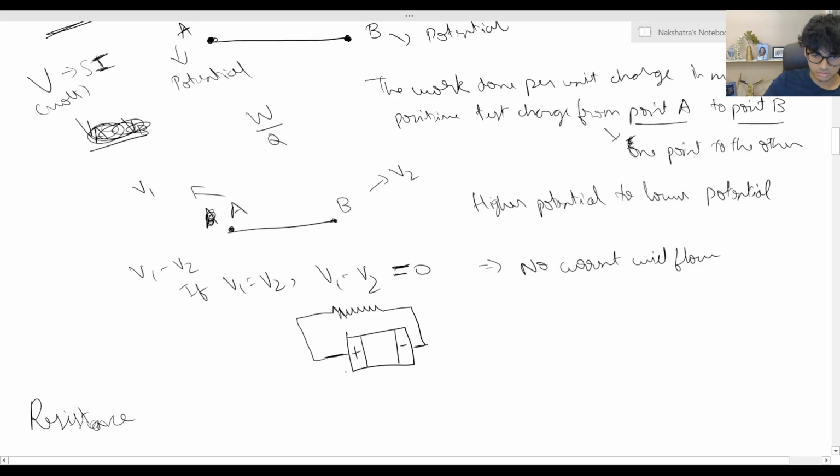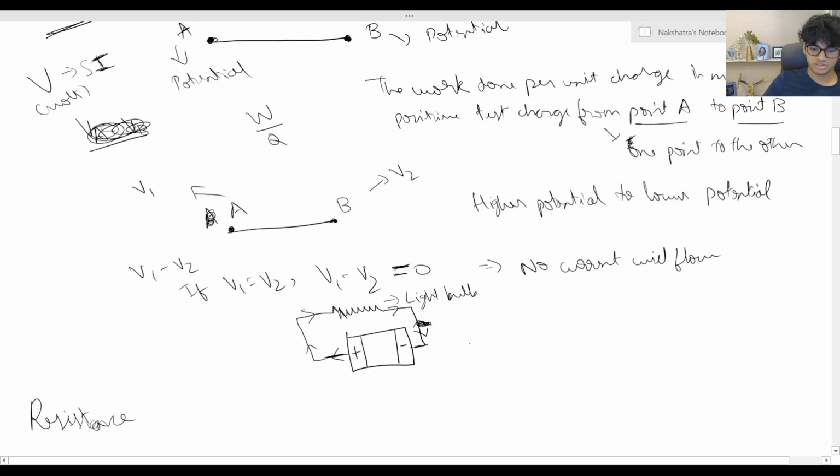This is just anything. This could be a light bulb, just anything in the middle, and you create a circuit with this cell. Then the current will flow from positive to negative. This is how the current will flow. But if there is no potential difference, then the current will not flow.